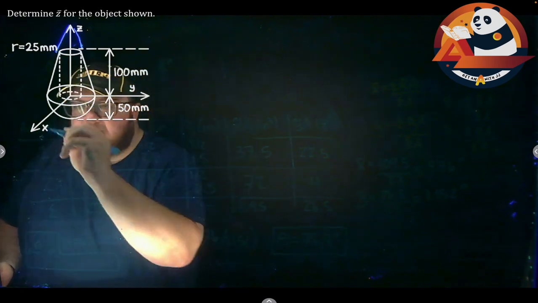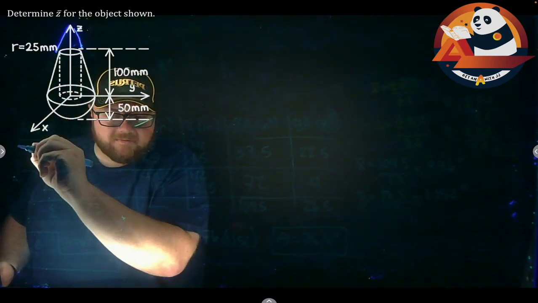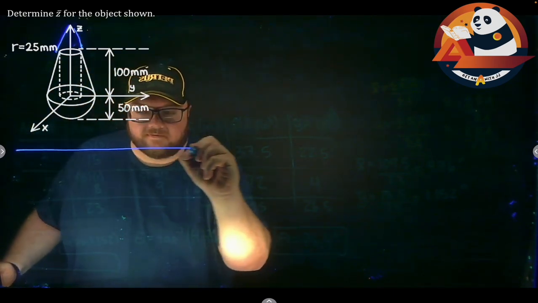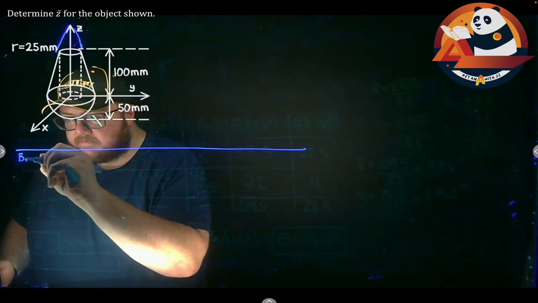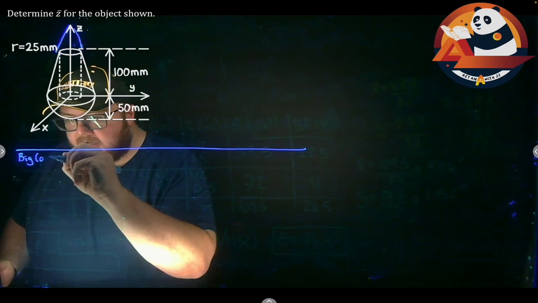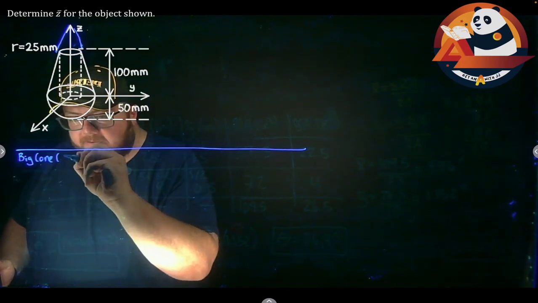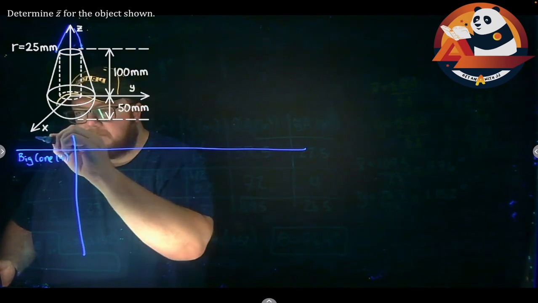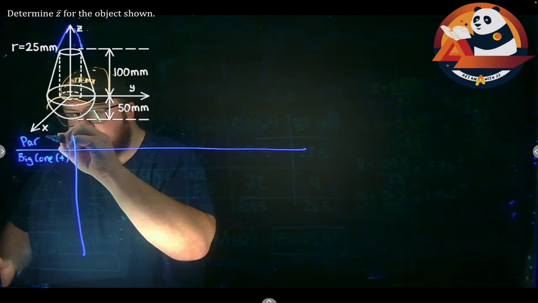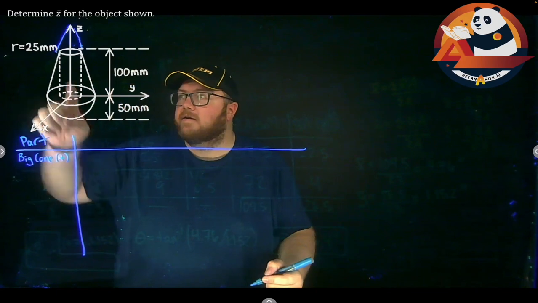So in my table, I can start setting up my table in here. I'll have a big cone. That's going to be a positive shape for us. This is our shape or our part number. I'm just going to name them in here.